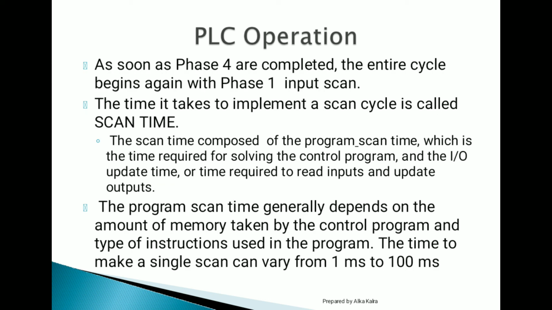When phase 4 is completed, the entire cycle begins again from phase 1, the input scan. So the process continues: phase 1, then phases 2, 3, 4, and then 1 again. This operation repeats in the PLC, and this is called scanning.